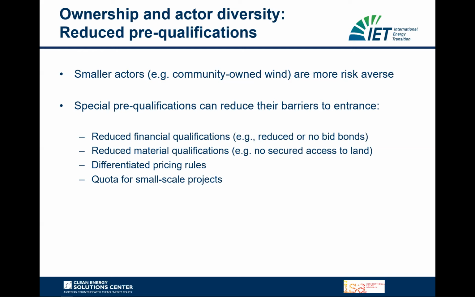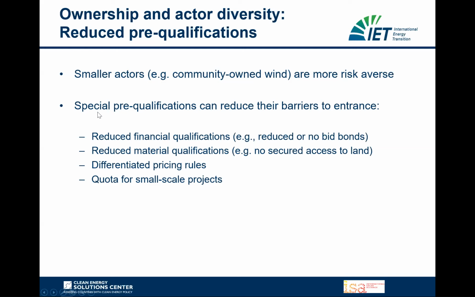Another option is differentiated price rules, or you can also say, hey, we want to have a procurement of 200 megawatt of solar PV, but we're actually going to carve out 50 megawatt of this, and we're just going to give it to small-scale actors, and they can then compete either in an auction for this, or they might even receive a fixed price, which is somehow related to the auction results that you figure out from the auctions that you have for the larger scale actors.